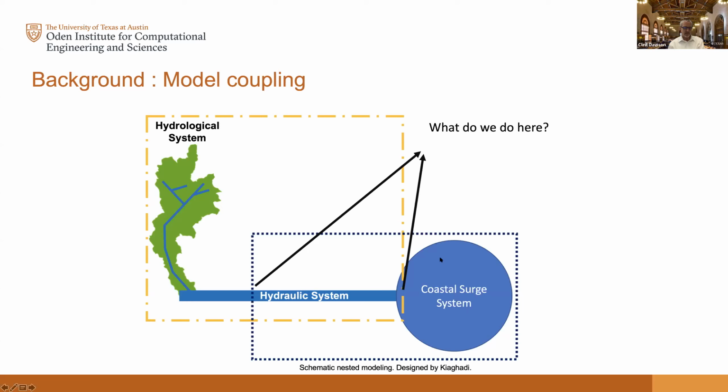So this is our coastal environment. Then we have some kind of river or channel system that comes into the coastal surge system. And feeding into that hydraulic system is a watershed or multiple watersheds or tributaries, and there might be multiple tributaries that feed into the river.